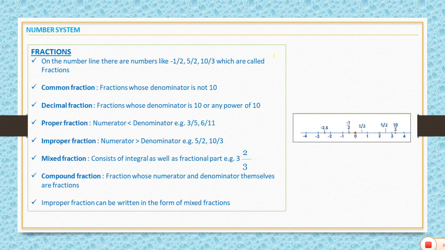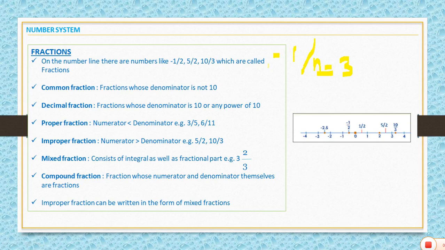Let's say the value of m is -1. An integer can be positive or negative. And let's say n is 3. Again, 3 is an integer. So an integer divided by an integer is known as a fraction.